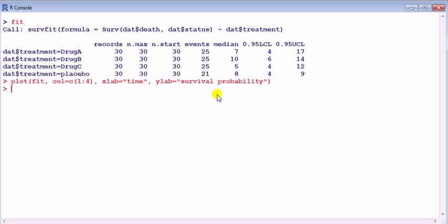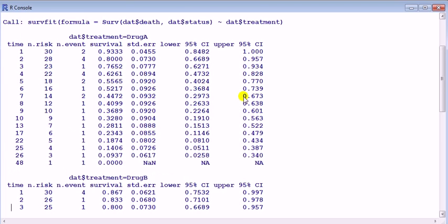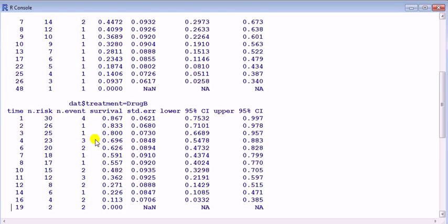Well, if we trace back through the code there, look at the summary. Look, drug A, number of people surviving that long, they're just 1, 1, 1, 1. Most of these events are occurring up here. Most of the deaths you can see in bunches.